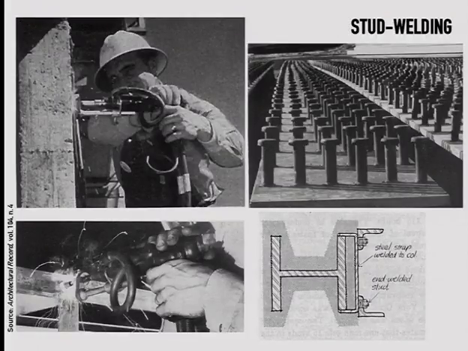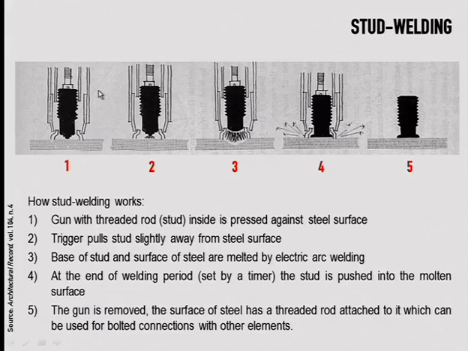This is another type of thing that is rather interesting. So this is stud welding. What happens when you get a plate like that and you want to attach another angular element like that? You need a thread, you need something to attach on it, all right? Well, there is a specific tool, this gun, that is able to weld a thread and rod onto a steel plate.